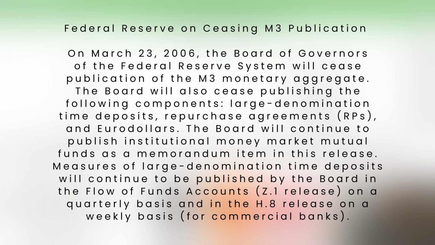The board will continue to publish institutional money market mutual funds as a memorandum item in this release. Measures of large denomination time deposits will continue to be published by the board in the flow of funds accounts, otherwise known as the Z.1 release, on a quarterly basis, and in the H.8 release on a weekly basis for commercial banks.